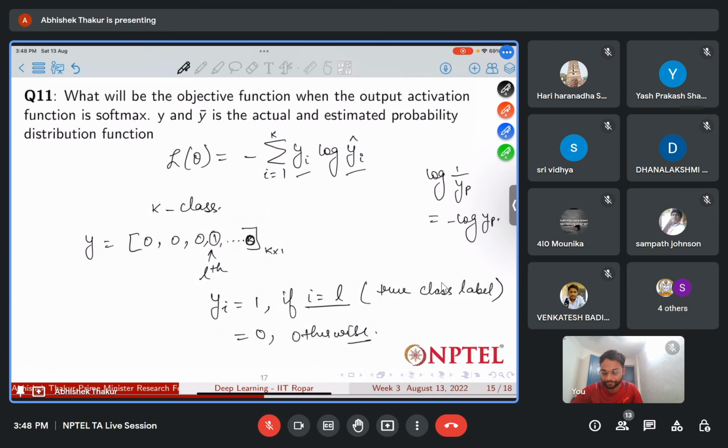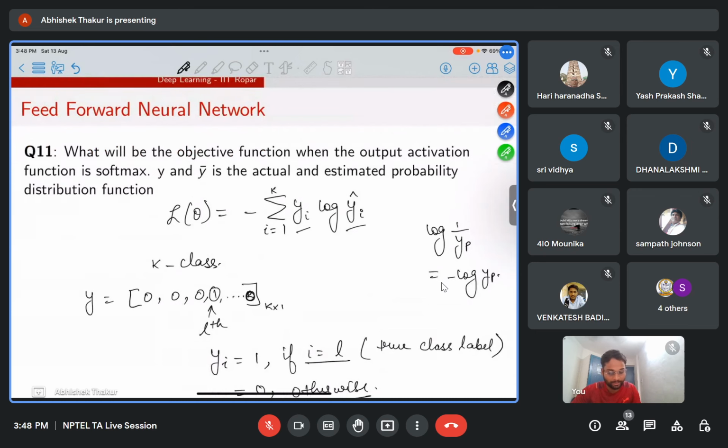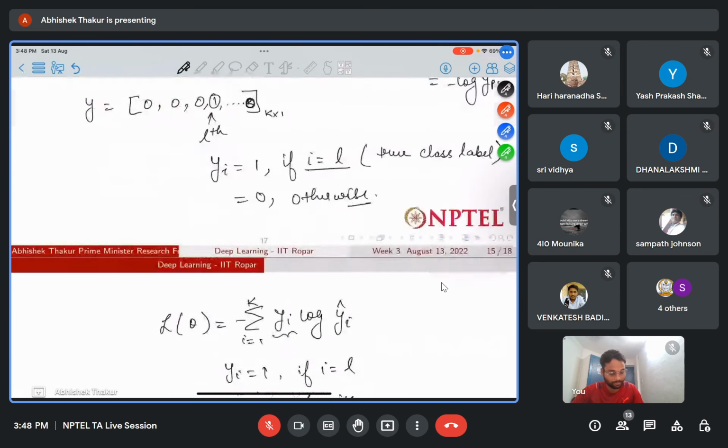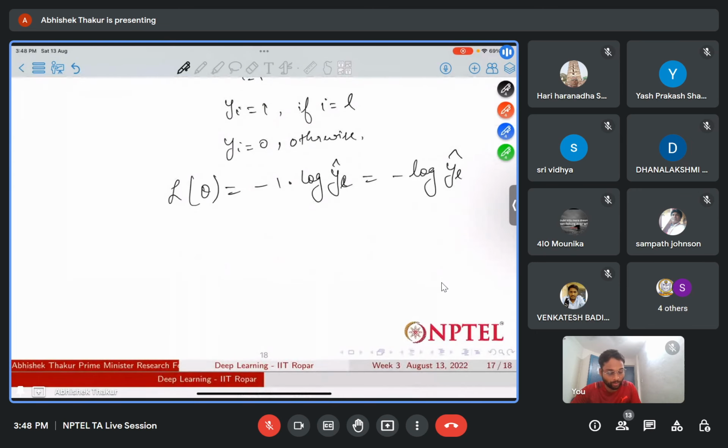In this question it is asking for the objective function, and this is our objective function.